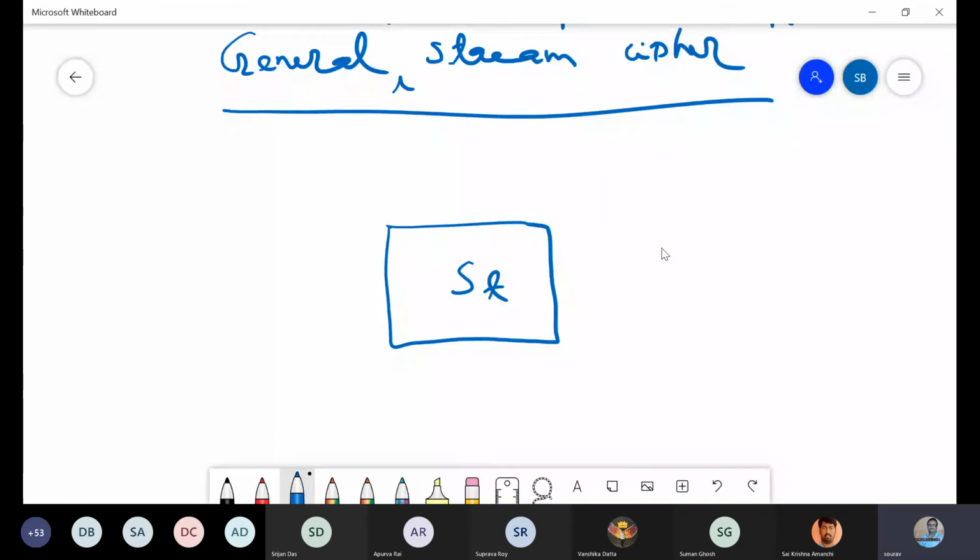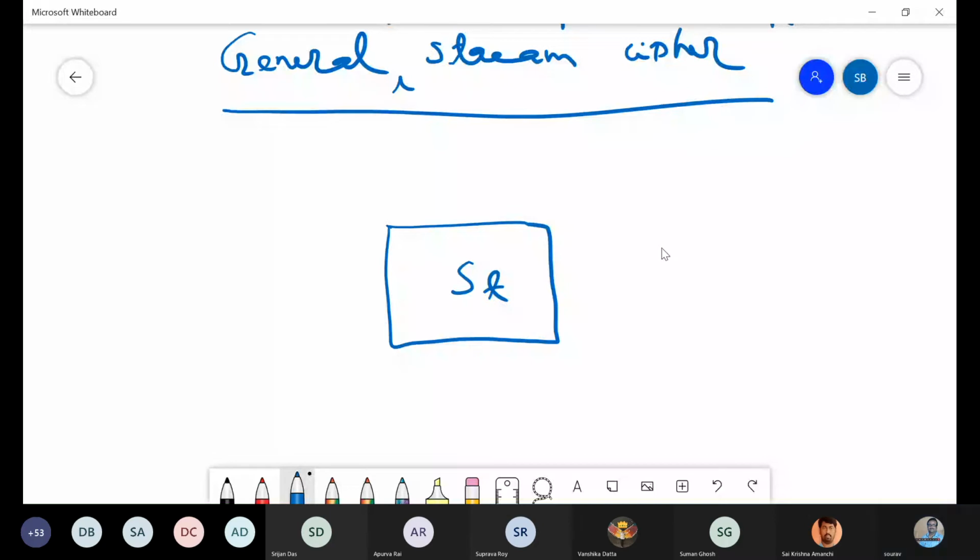Here we use a 4-bit LFSR, so we have 4 bits. But in this example, when we talk about these combinations, what is our state size? Our state size is not 4 bits. We have 16 bits.